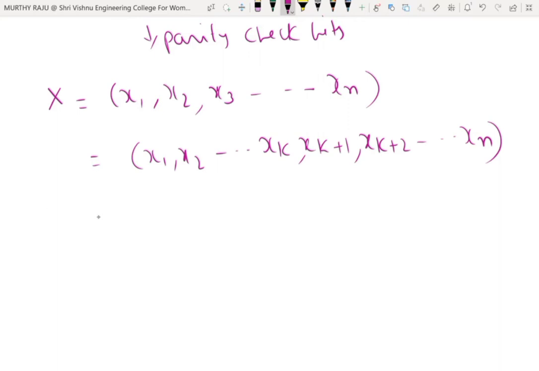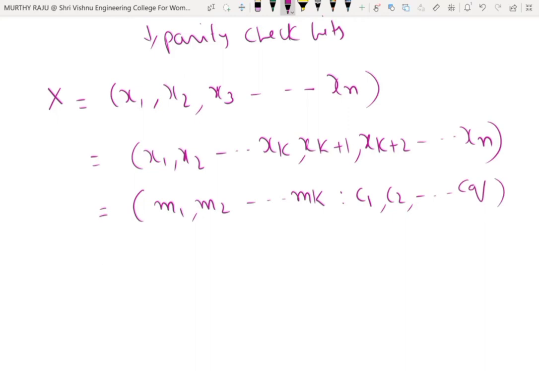In a systematic form of linear block codes, first the message bits appear, followed by the parity check bits: m1, m2 and so on mk, c1, c2 and so on cq.